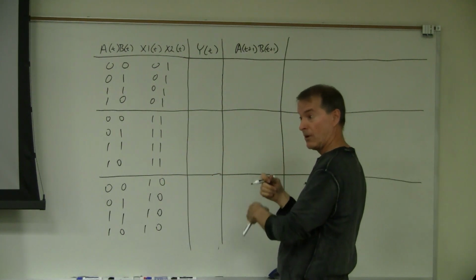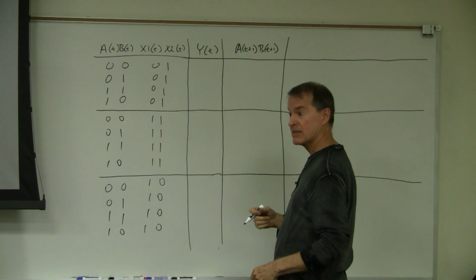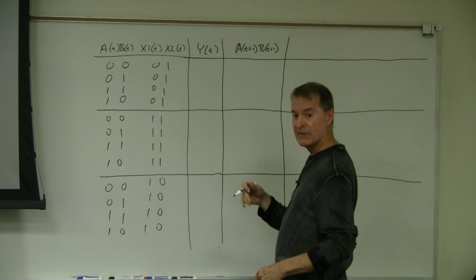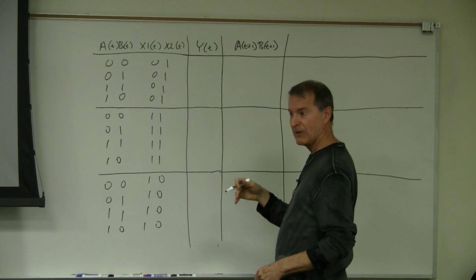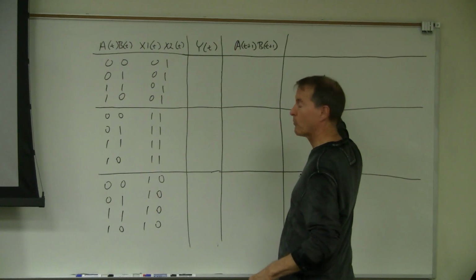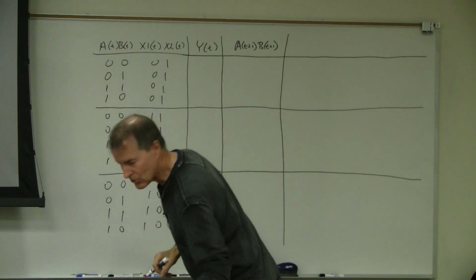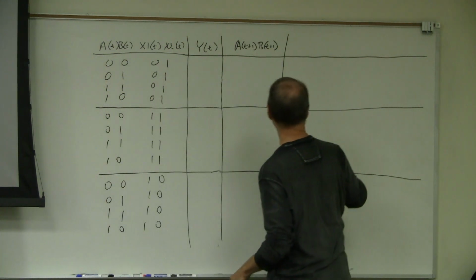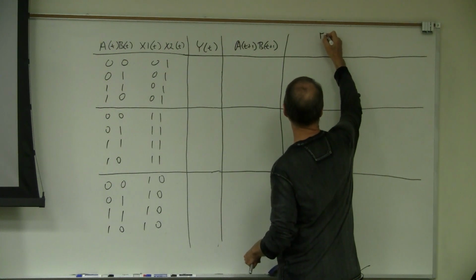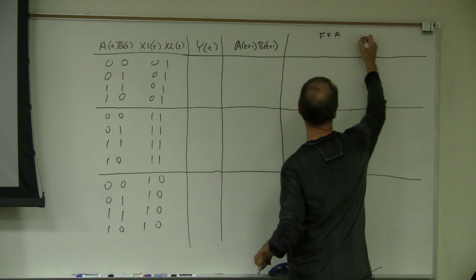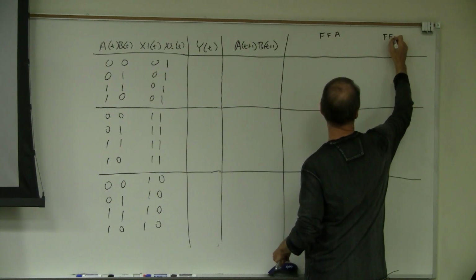4. We have the SR for the A flip-flop and the SR for the B flip-flop. So now we've got 4 more columns. Is everybody with me on that? Okay. So let's put flip-flop A here, and flip-flop B here.